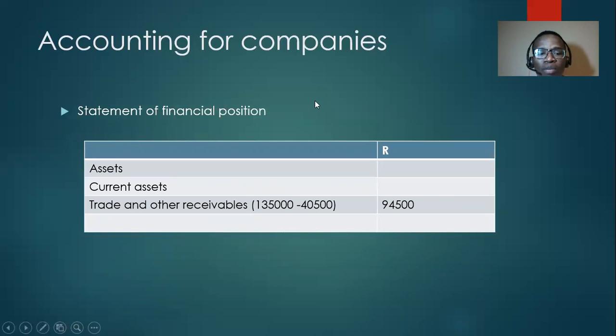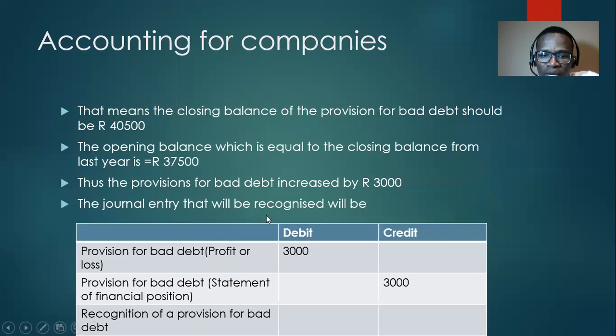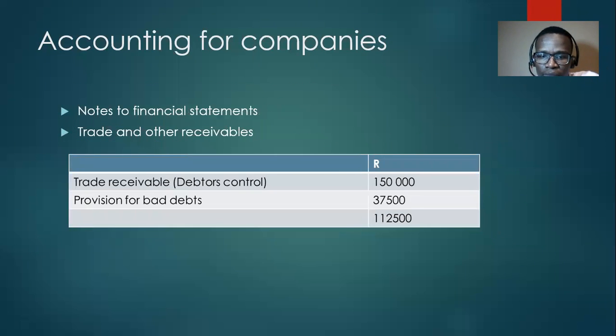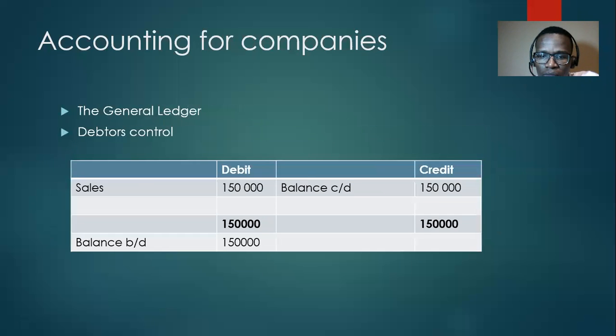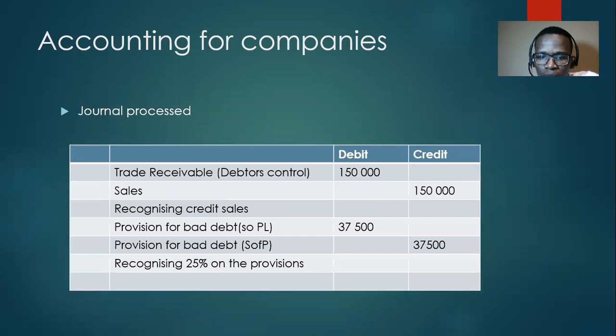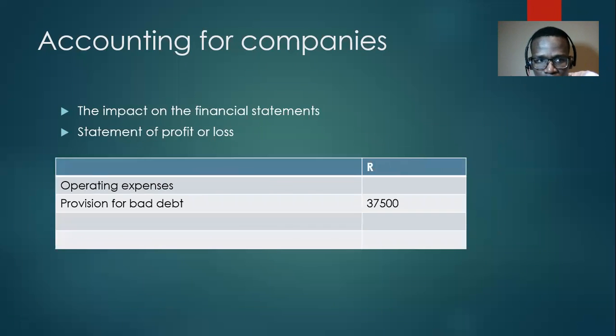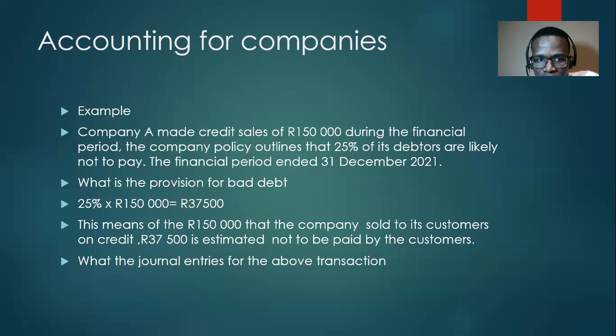Then statement of financial position, same concept. We say your trade and other receivables is going to be 135 minus 40,500. Where does this 135 come from? It comes from here. We just go back.